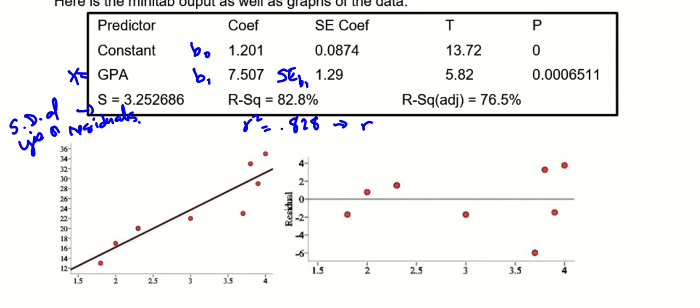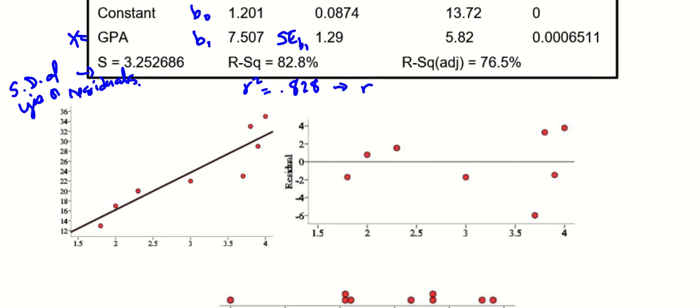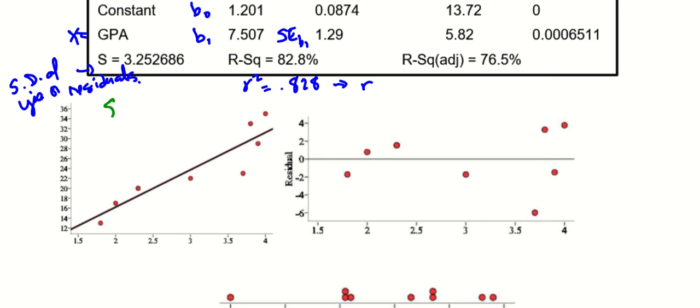Okay. Now let's look at the graphs that they provided for us. What's this first graph? Well, that's our scatter plot. And we have two axes. Since X is our predictor, our independent variable, the horizontal axis should be GPA, and those numbers make sense for that. And our vertical axis should be our ACT, right? So you know those numbers as ACT scores.